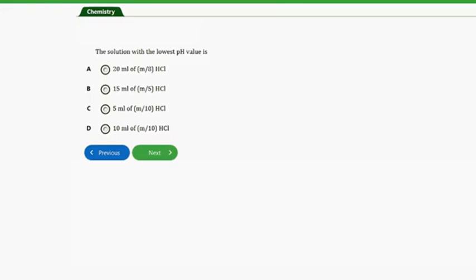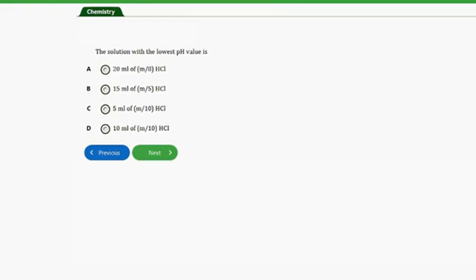So guys, the answer to this question will be option B, and this is owing to the fact that the concentration here will determine the pH.